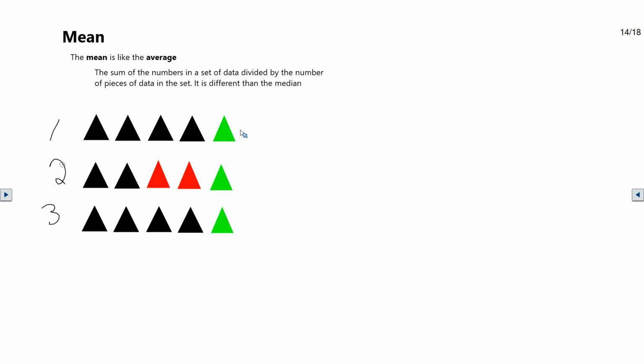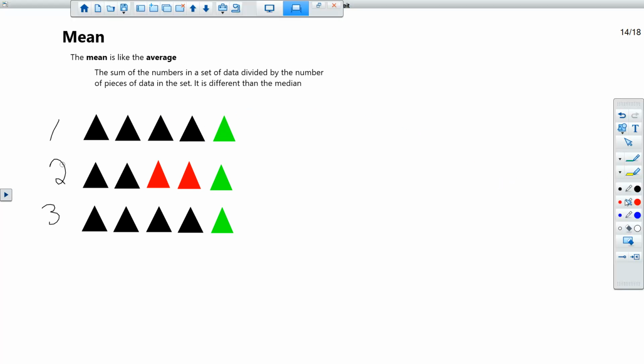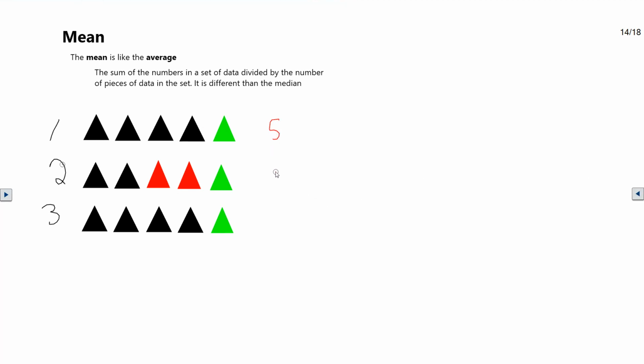So how much is in each one? 1, 2, 3, 4, 5. So we know that the average is going to be 5 because each of them has 5. That's one way to do it, but sometimes that's not the easiest way to do it.